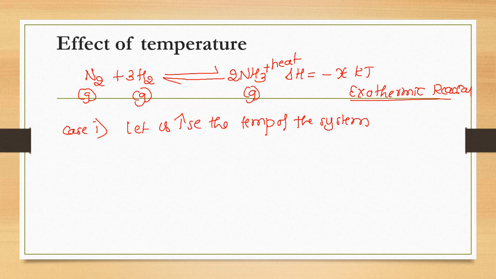Now we are increasing the temperature of the system, which means we are raising the heat, that means we are increasing the product. So equilibrium gets disturbed. The system tries to decrease the temperature by proceeding in the backward direction.